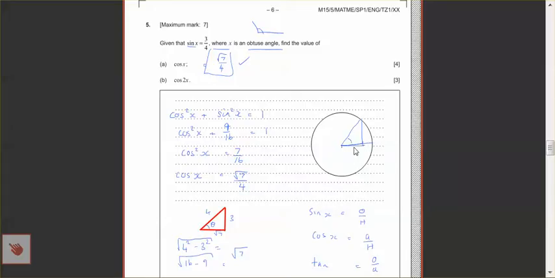So if we say that is root 7 over 4, this angle is acute. So what we need to do is go to the other side, where we've got the same thing, but it's minus root 7 over 4, and that uses the same things.